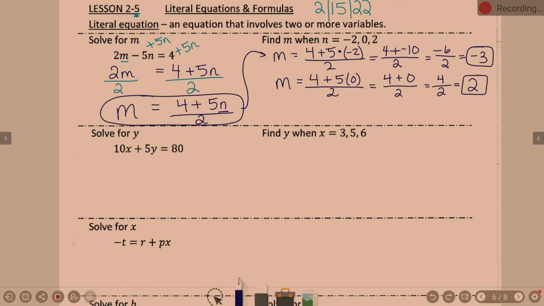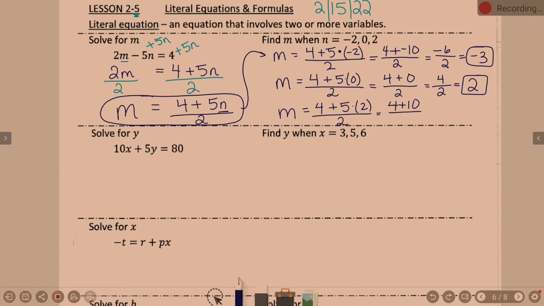Okay. And one more. This time I am plugging in 2. 4 plus 5 times 2 divided by 2. 5 times 2 is 10.